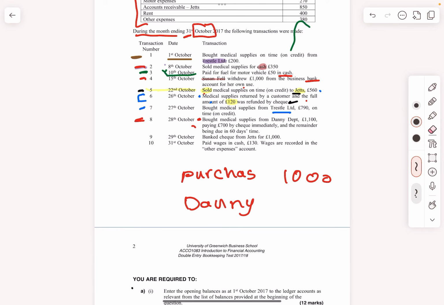Oh, sorry, it's 1100. So they said we're paying 700 immediately. Paying by check, that means it's bank. So we paid 700 now, and the rest will be paid, 400.